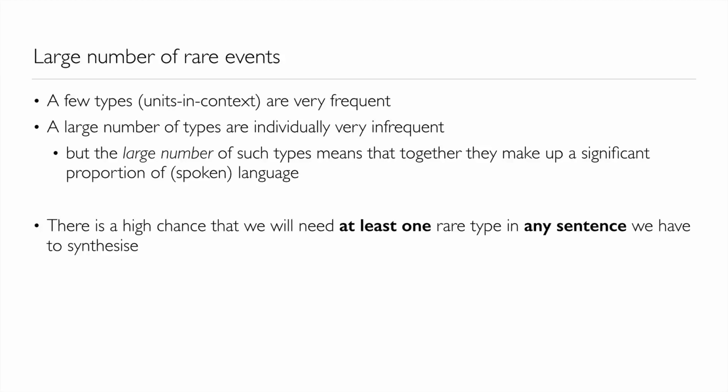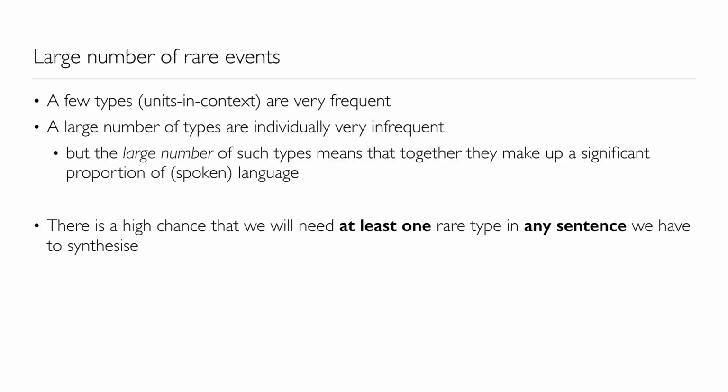And for purposes of building the database, those types are units in context. So very few types are very frequent. We think about words, we know that some words are very, very frequent, and other words are very infrequent. That's true about almost any linguistic unit type. It's certainly going to be true about our units in context.